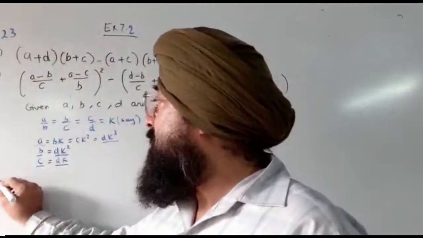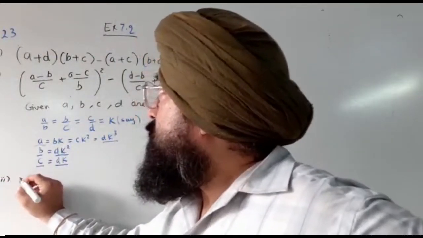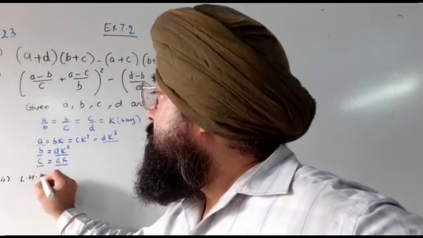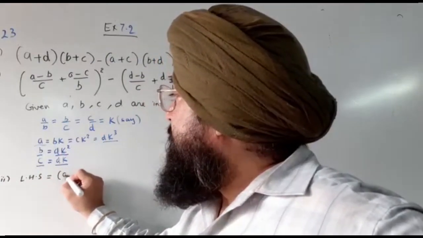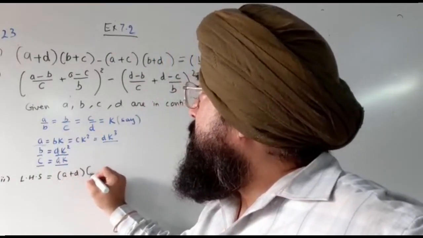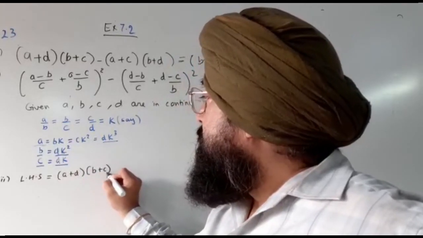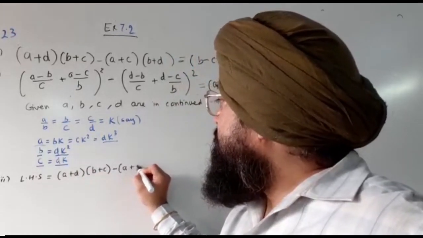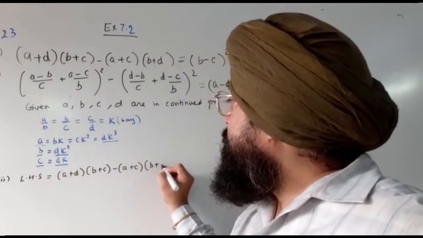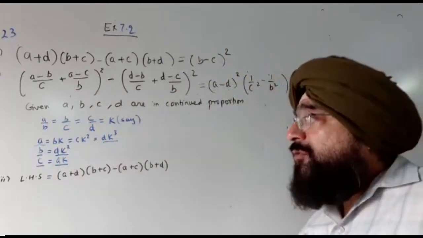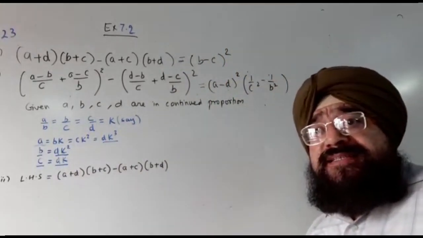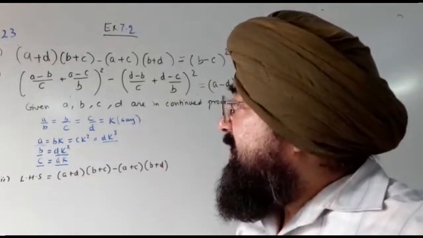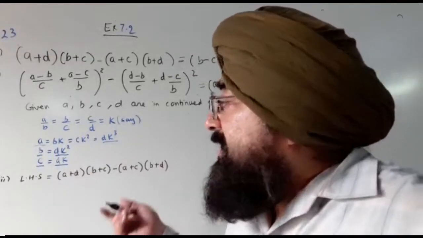So in the third part, I catch hold of LHS. The LHS is (A plus D) into (B plus C) minus (A plus C) into (B plus D). So in place of all A, B and C, I will put in terms of D's.